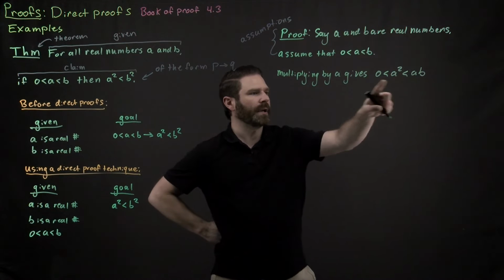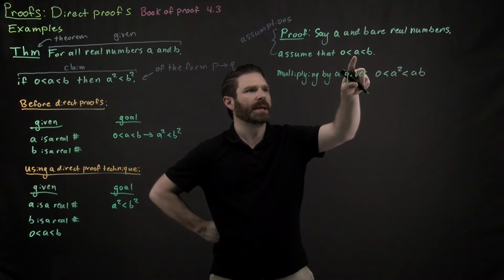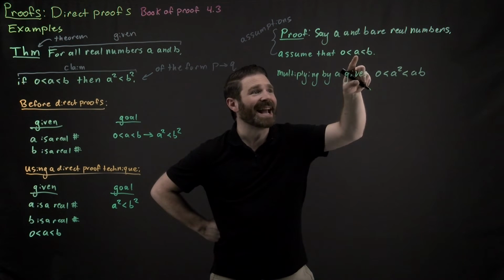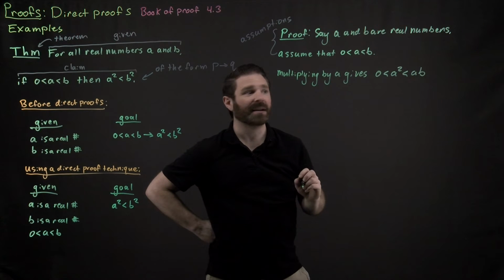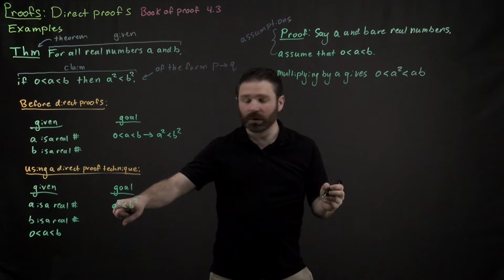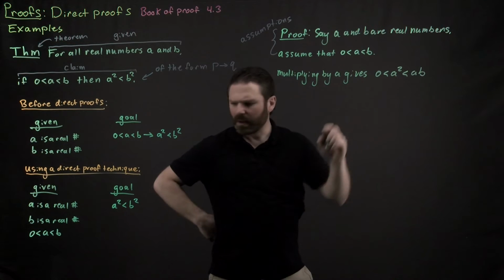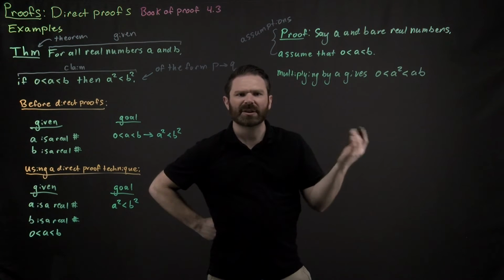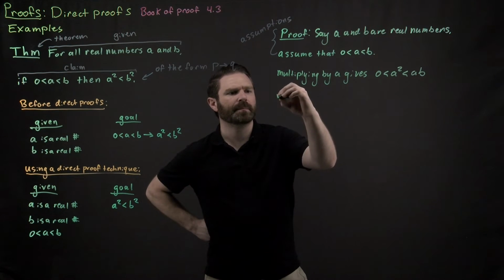And I don't have to worry about flipping any of these inequalities because I've already assumed that a is a positive number. So, okay, good, that's getting us one step closer. I see an a squared there. I also need a b squared though, so let's go ahead and try multiplying through by b.